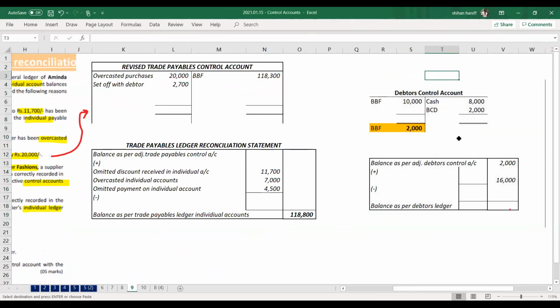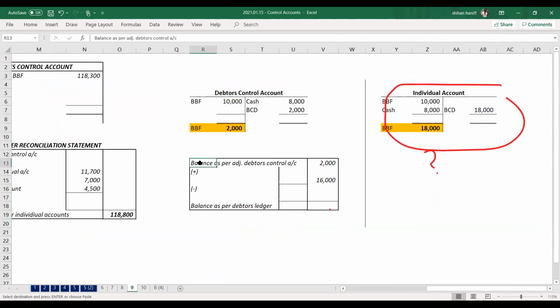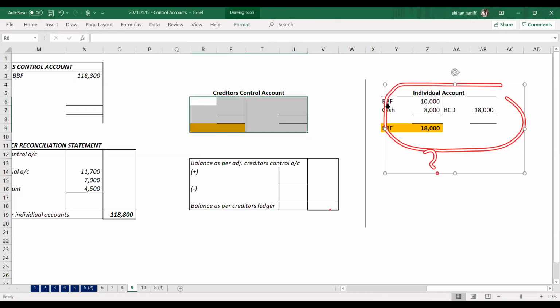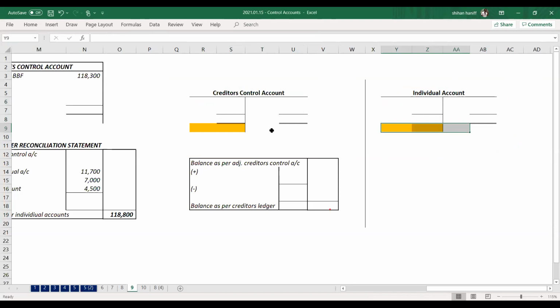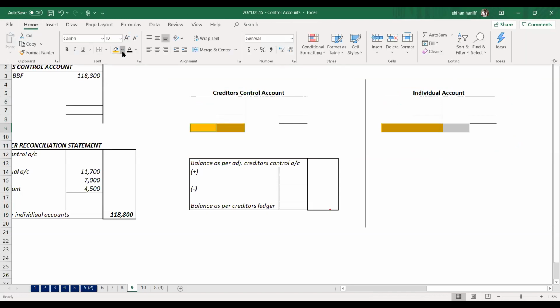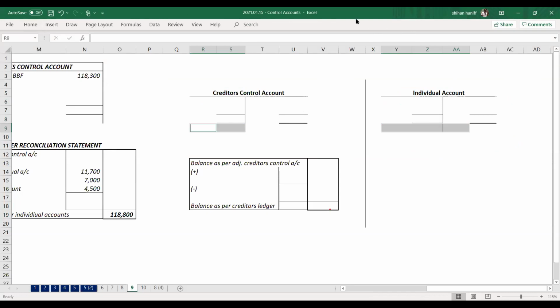Right. So let's take, so I'm taking the creditors control account and the individual account.